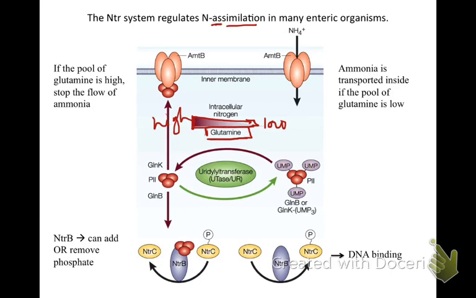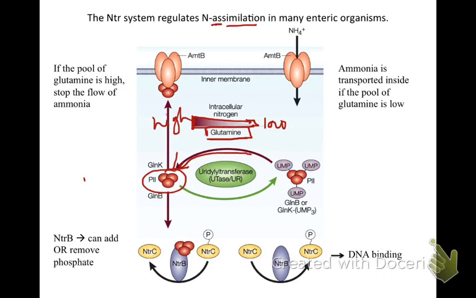So let's look first at the situation where the levels of glutamine are high. If glutamine is high, we're looking at this part of the arrow here, and we're going to convert a complex called P2 in the cell to a form where it's not modified. Let me back up for a second and say that P2 is responsive to the glutamine levels, and there are two forms of it.